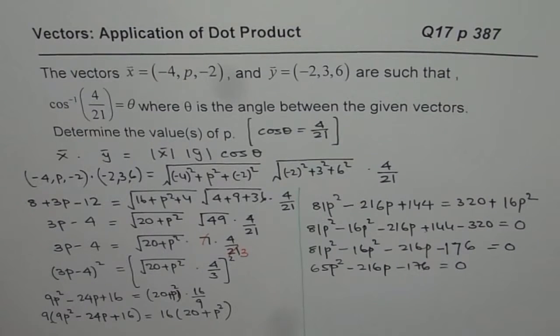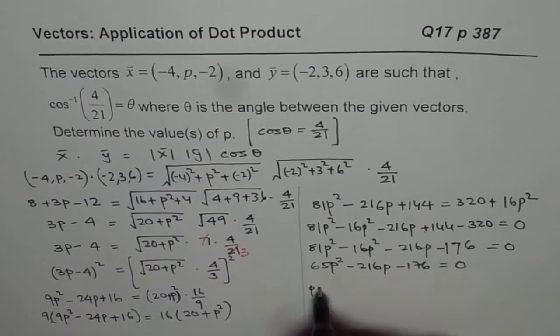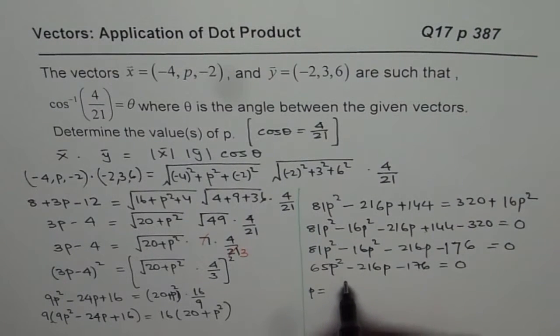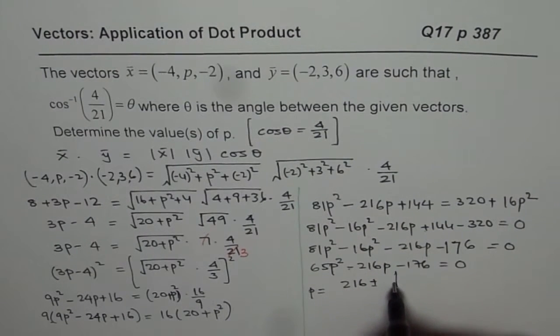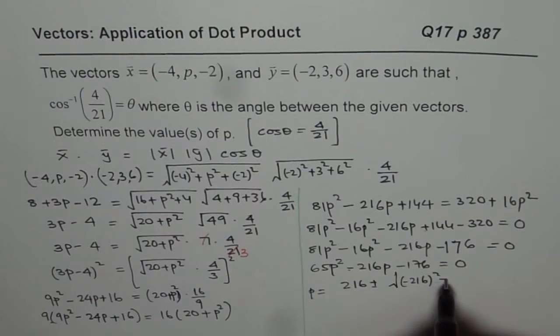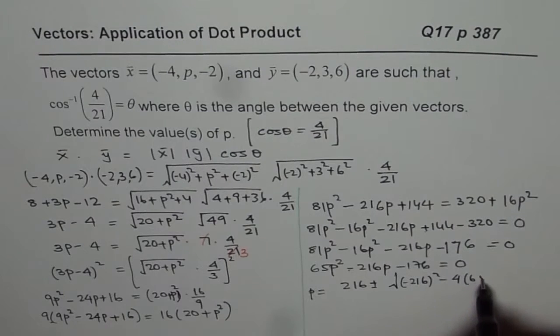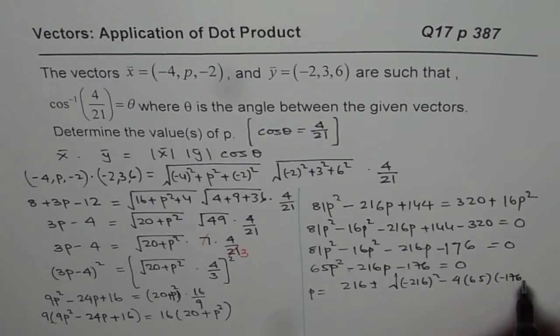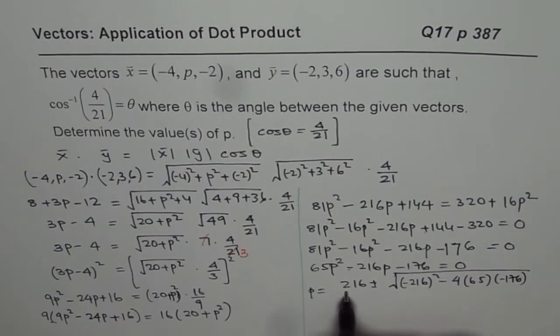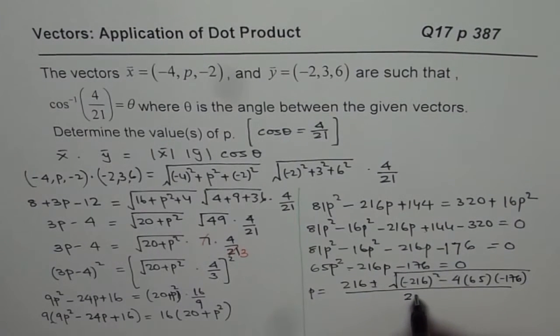We can use the quadratic formula to solve it. So p equals minus b, which is minus of minus 216, which is 216, plus or minus square root of minus 216 squared minus 4ac, 4 times 65 times minus 176, divided by 2 times 65. And now you can use the calculator.